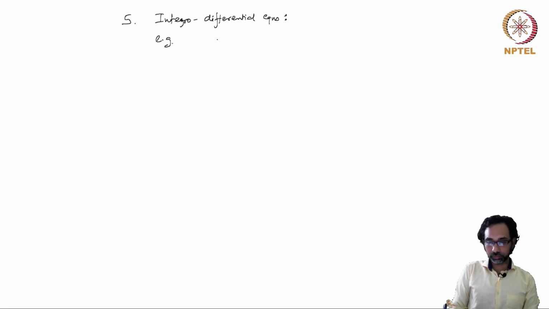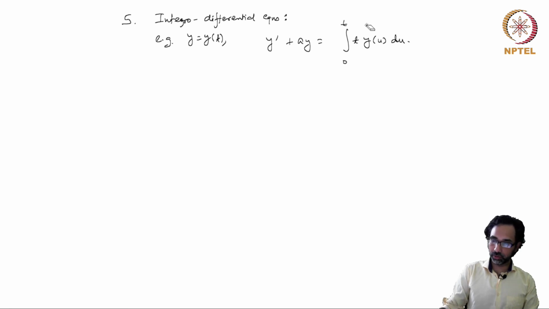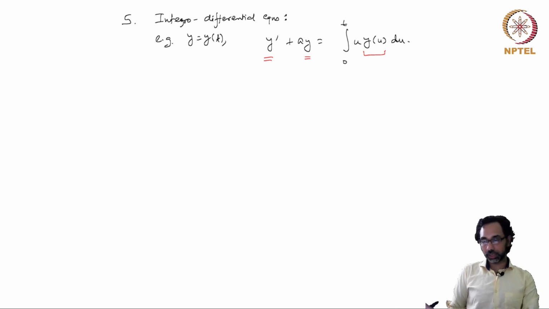For example, y is an unknown function of t, and the equation can be of the form y prime plus a y equals the integral from 0 to t of (t minus u) y(u) du. So the unknown appears as a derivative, without the derivative, and even inside an integral. Again one can use Laplace transforms, using the basic properties we know about, to solve such equations.